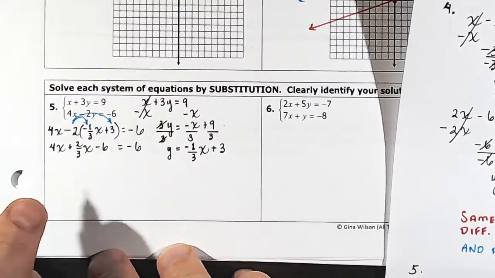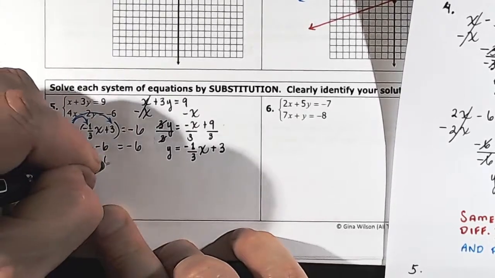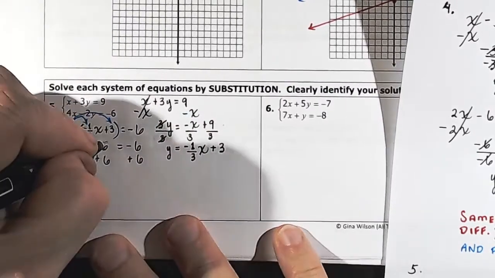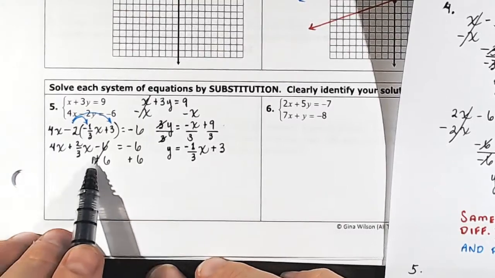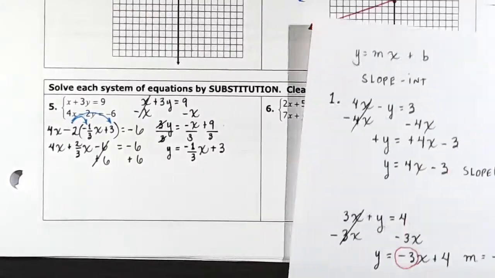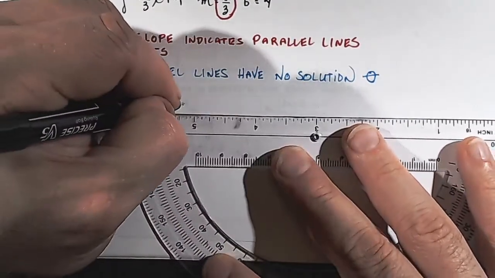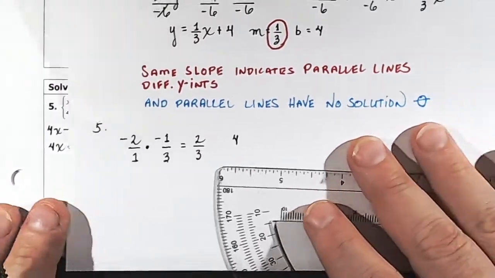All right, so I can add 6 to both sides. Okay, and that cancels these out. And all that I have to do now is combine these like terms, 4x and 2/3 x. Easier to do in side work. I need 4 to be written as a fraction with 3 in the denominator.